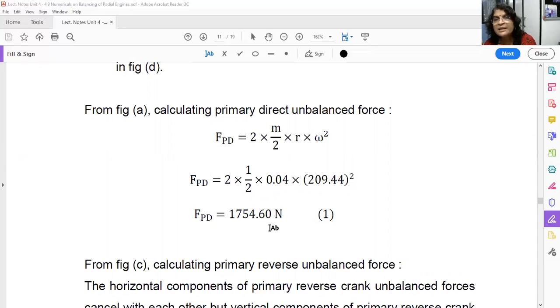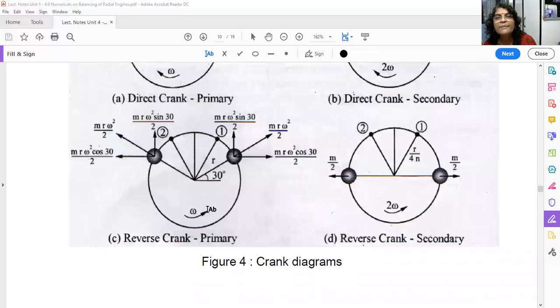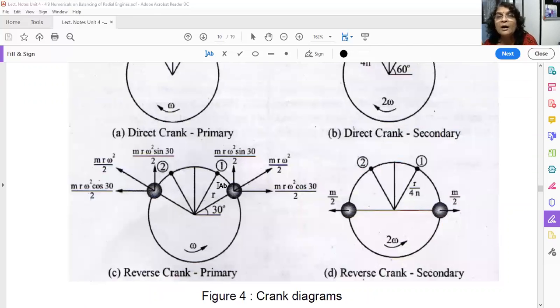Okay. Similarly, calculate this reverse primary unbalanced force. See, these two masses are here. Now you have to resolve this mr omega square by 2 into vertical component and horizontal component. Similarly, this force also into vertical component and horizontal component. What will happen? This horizontal component, see, this angle is 30 degree. Okay.